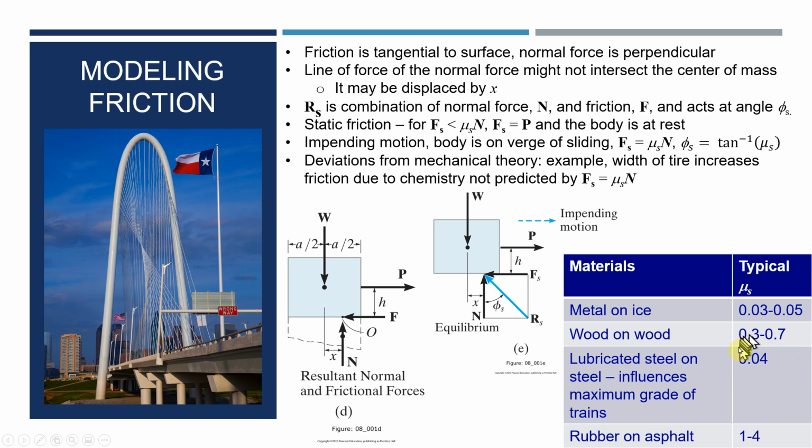But the low coefficient of friction means you can only go up a hill that's so steep. You can't go up a very steep hill. Rubber, on the other hand: an automobile can go up a 45-degree incline, which is kind of amazing, but a train can't because of the coefficient of friction. It's got to do some special things to get up very high mountains.